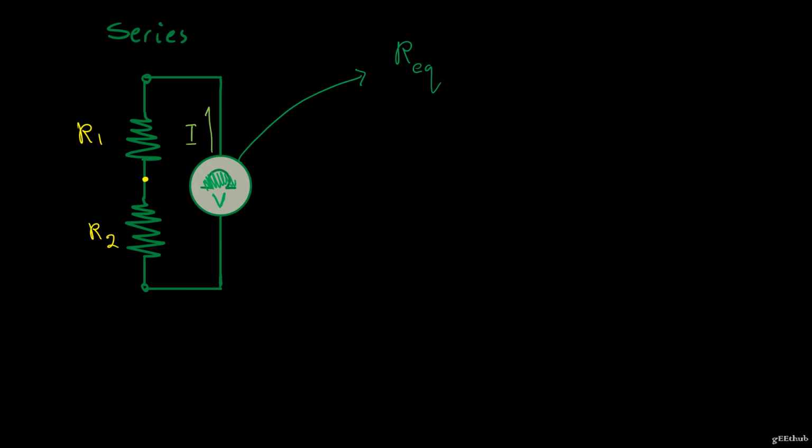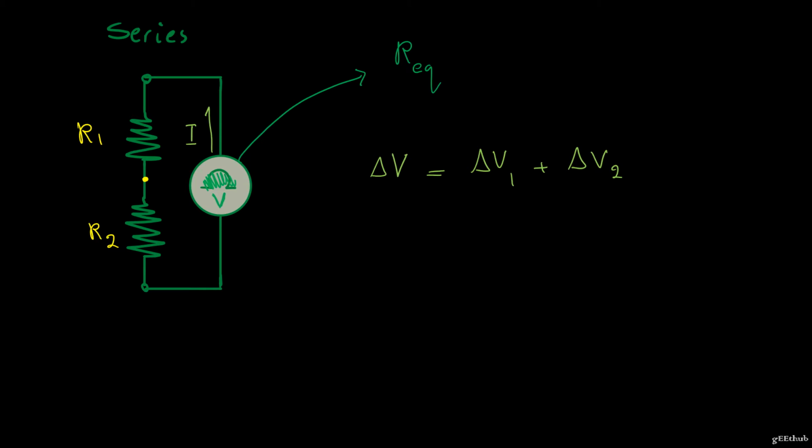So we know from the first lecture that the overall voltage of the voltage source of the ohm meter is equal to the individual potential differences consumed by the resistors, so by resistor 1 and by resistor 2.